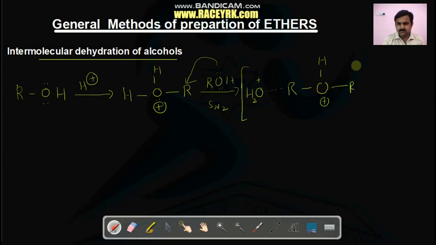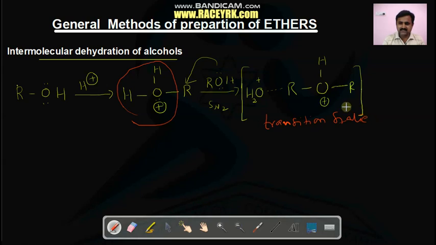So here, this part is going to be removed and the alkoxide group will attack on this alkyl group. So after that we will get this situation called the transition state.